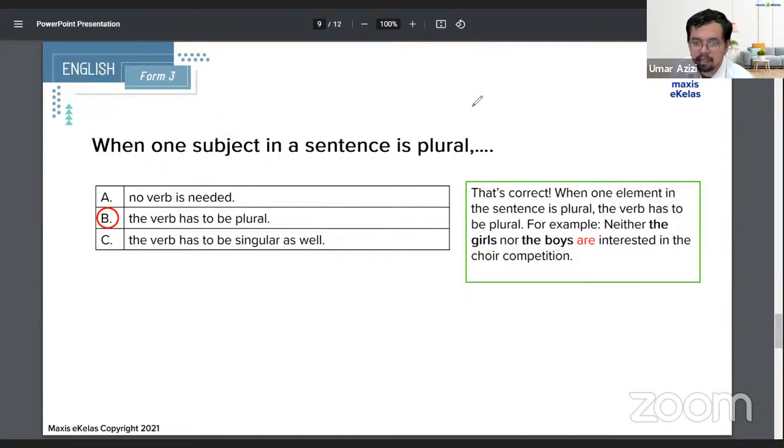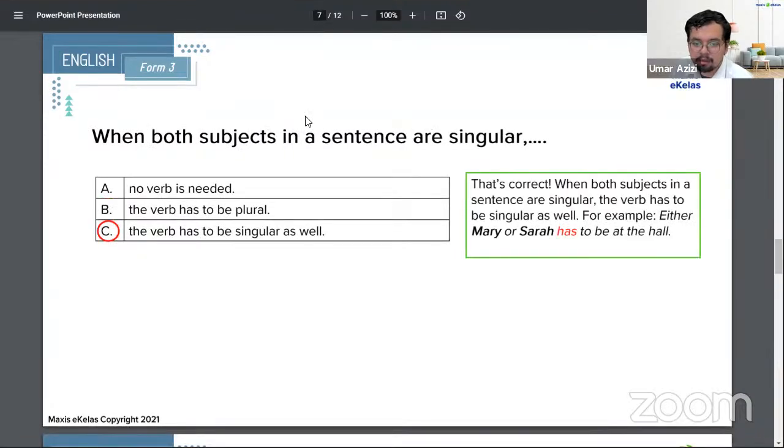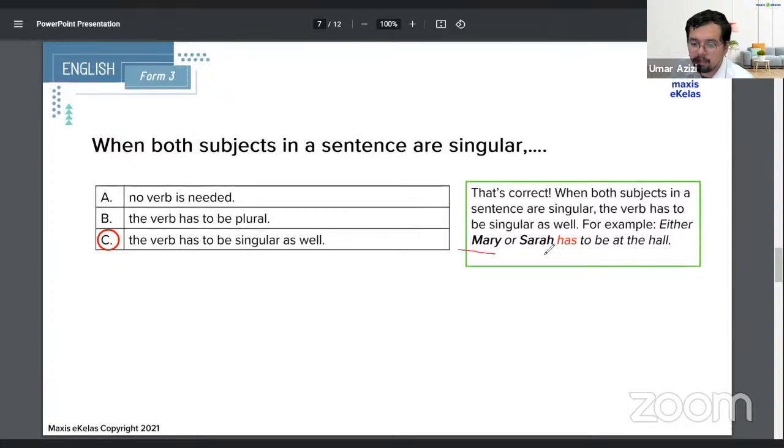That's clear. Let's go to the previous one. I'm just going to help you understand it better. When we talk about subjects, we're talking about this. Either Mary is a subject, or Sarah is a subject. If these are both singular subjects, and I change Sarah to her family, so her family is plural.